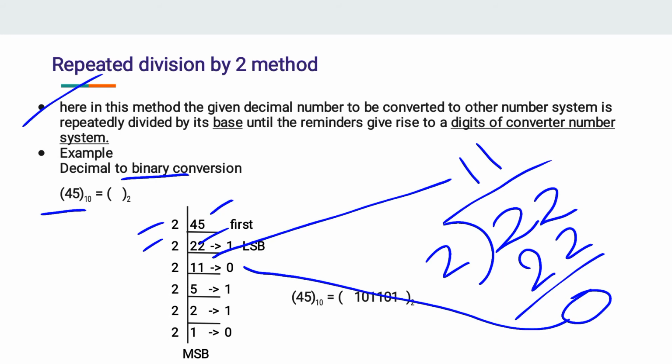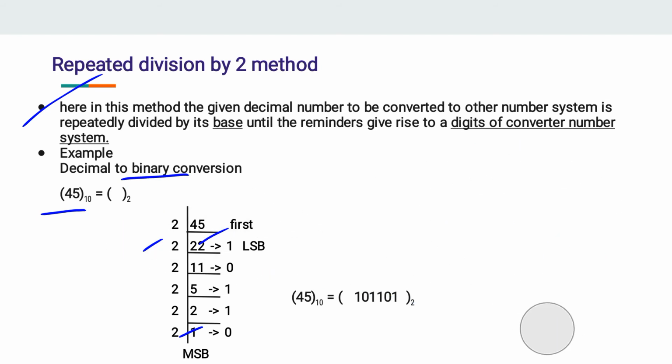Like this you have to do until you get 1. Clear? So until you get 1 you have to do this. At the last, to get the binary value for decimal 45, you have to take the remainders from here, going upward.